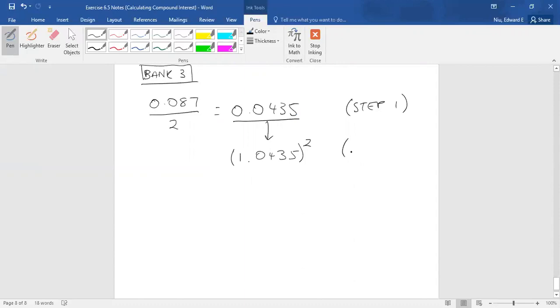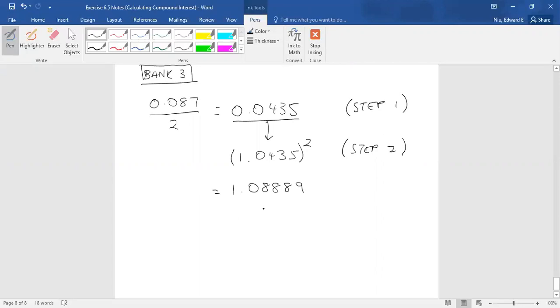And we put this into our calculator. To the power of 2, what we get is 1.08888889.